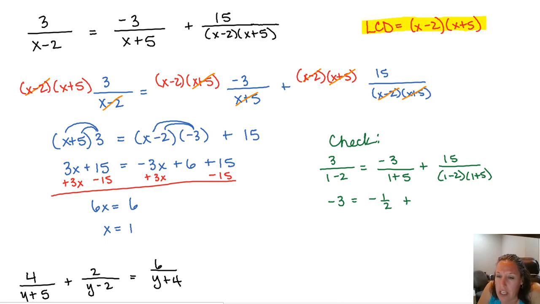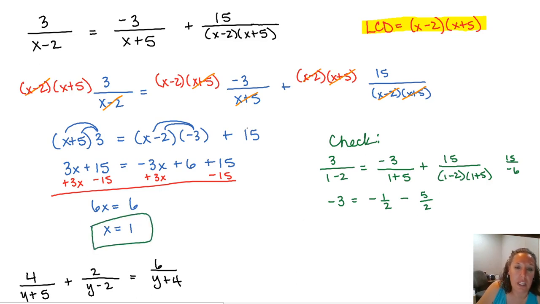And then on our last term, we're going to have negative 1 times 6, so that's going to be a negative 6 in the denominator, and 15 divided by a negative 6 is going to make that negative. 15 and negative 6 have a common factor of 3, so that's going to reduce to 5 over 2. And we do see that negative 1/2 minus 5/2 is going to give us a negative 6/2 on the right, and negative 6/2 is equal to negative 3. So we did all of our arithmetic correct on that problem.